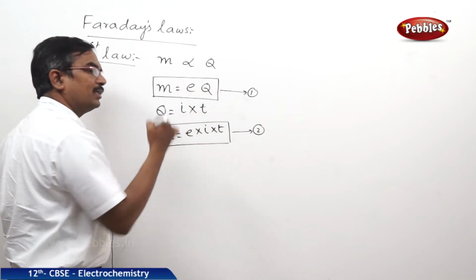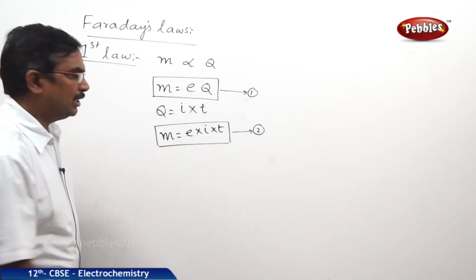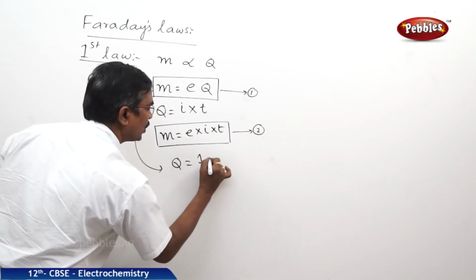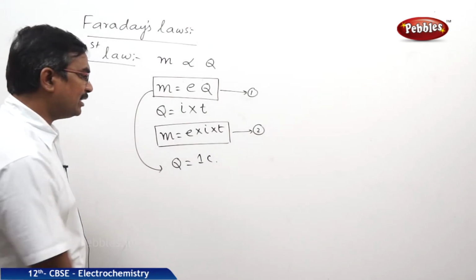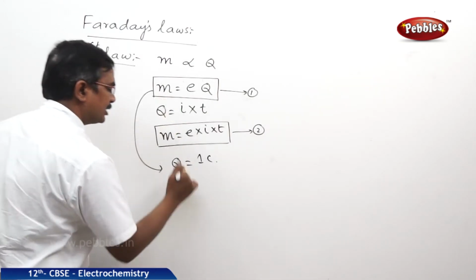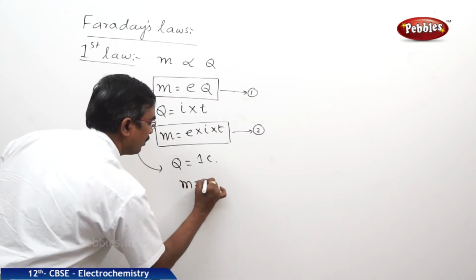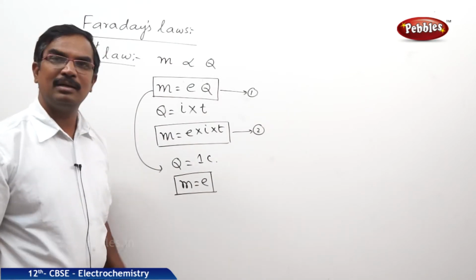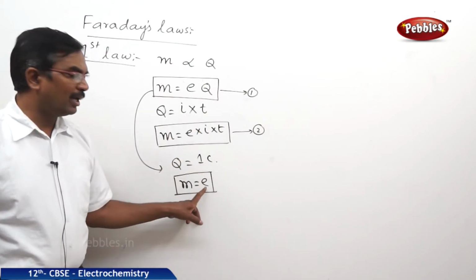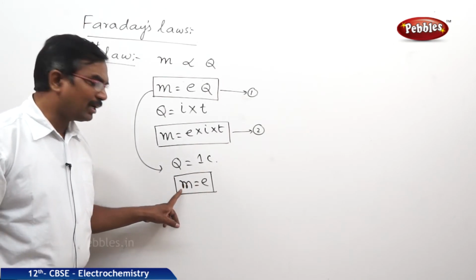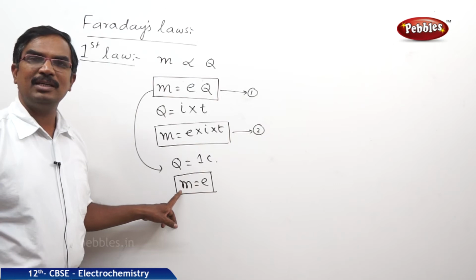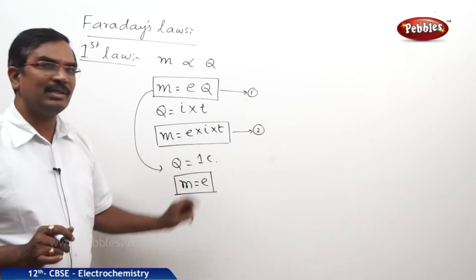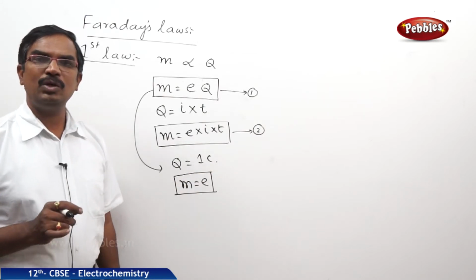Suppose we want to define the electrochemical equivalent. In order to define this, you take the value of Q as 1 coulomb. If I take Q as 1 coulomb, from expression 1 we get M equals e. So from this we can define what e is. The electrochemical equivalent of a substance is the amount of the substance that is deposited, released or evolved at the electrode when 1 coulomb of charge is used in the electrode process.